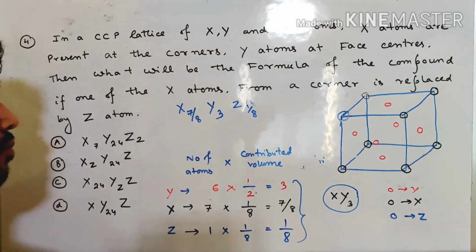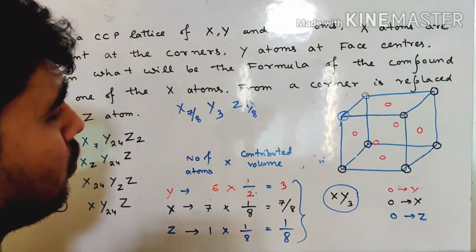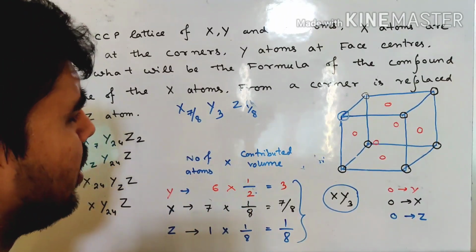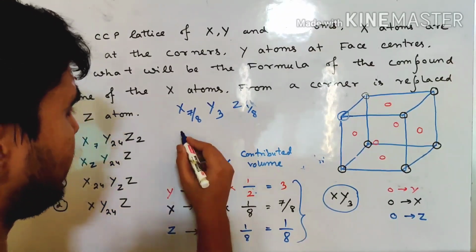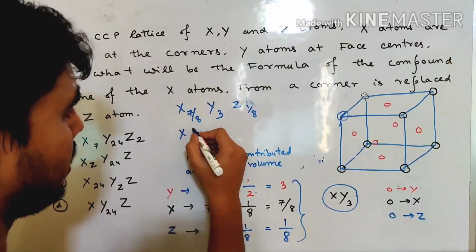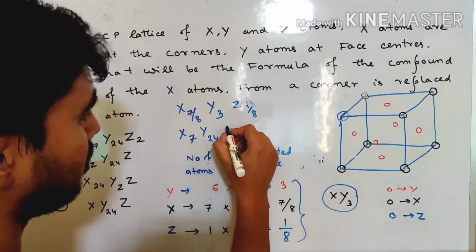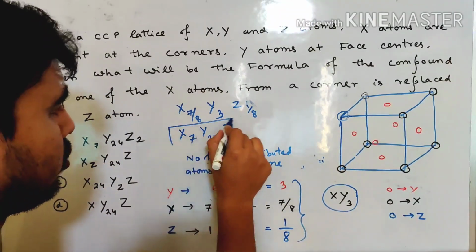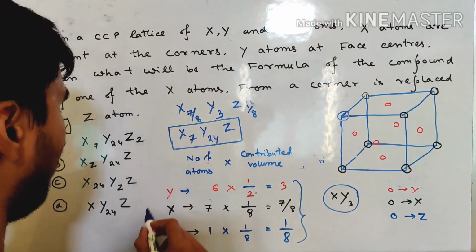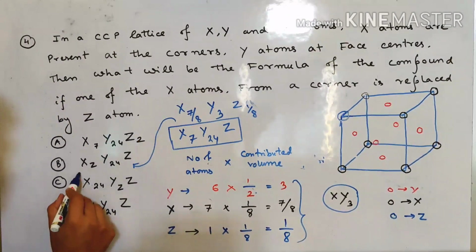We know that the number of atoms in a formula will not be like 7 by 8 or 1 by 8. So it should be a whole number. In order to maintain that, it should be X7, Y24, Z1. That means only Z. So this should be the final formula. According to this, I think this answer is correct, the option B.